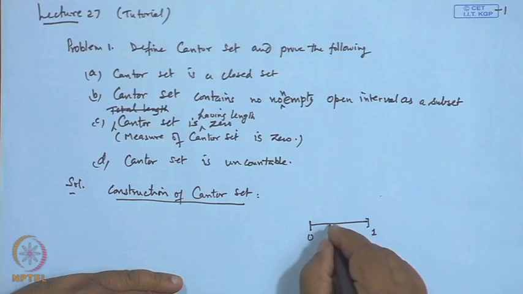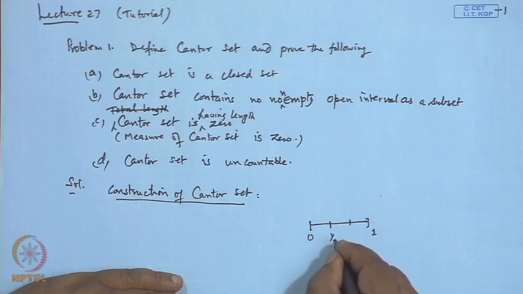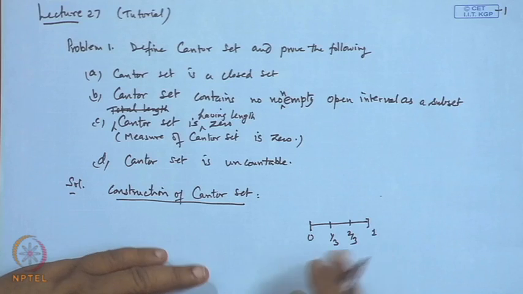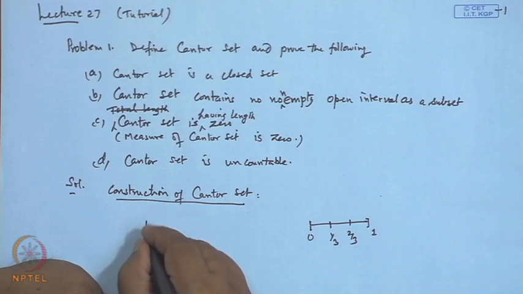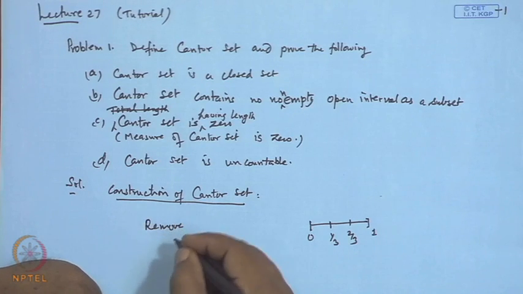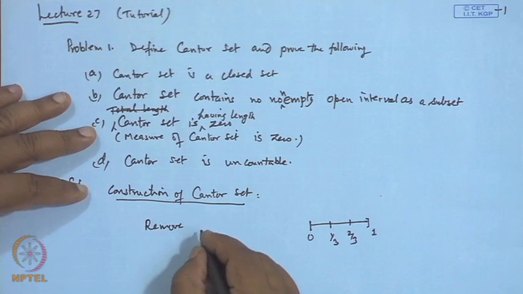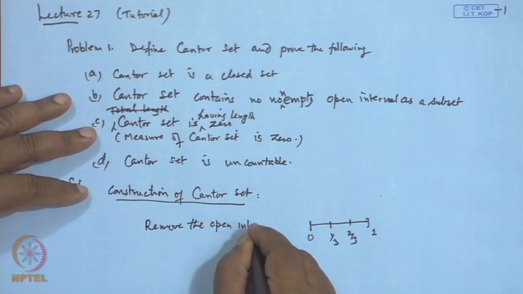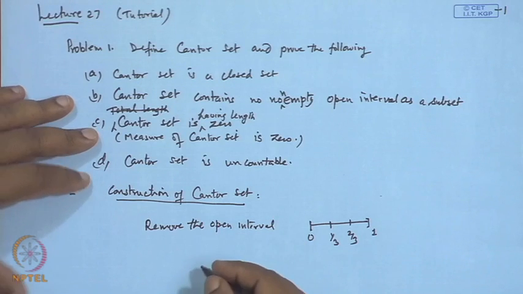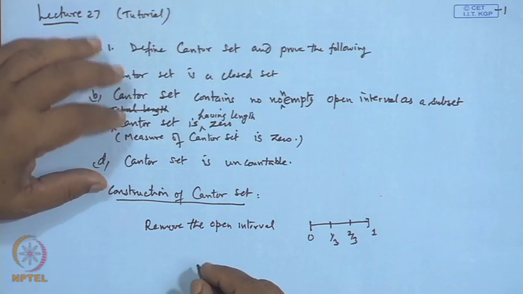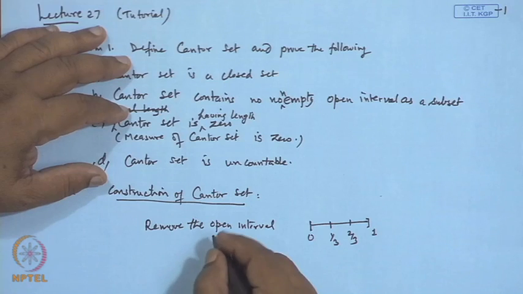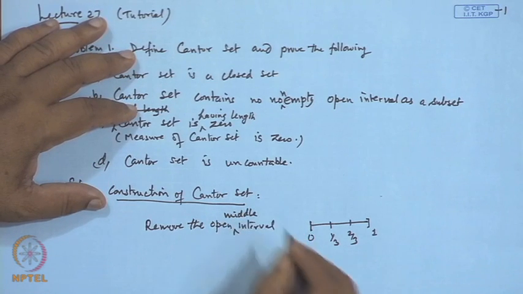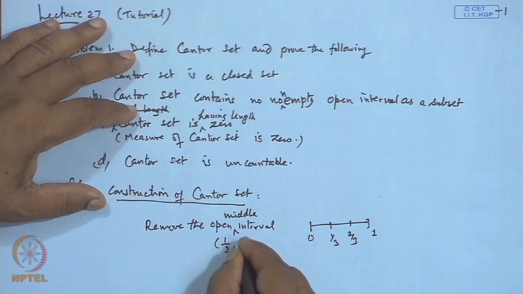Divide this interval into 3 parts, at 1/3 and 2/3, and remove the open middle interval (1/3, 2/3).